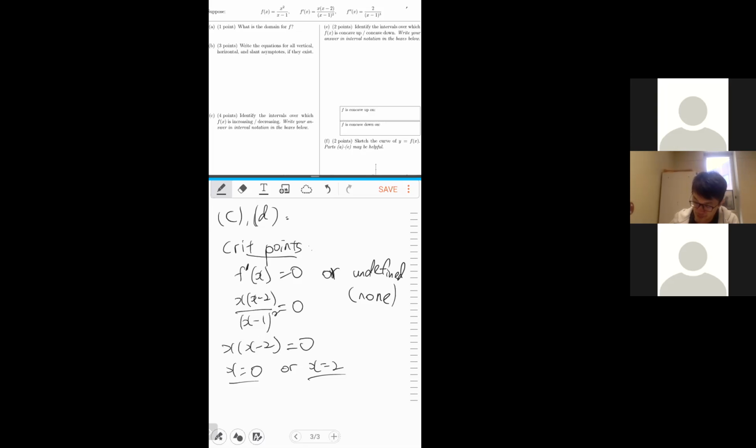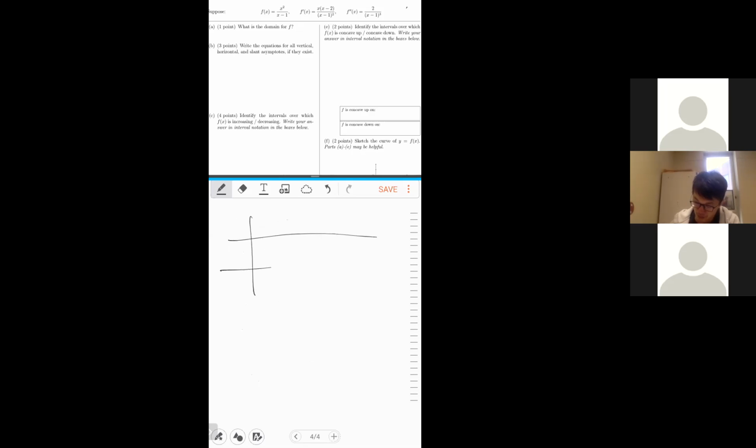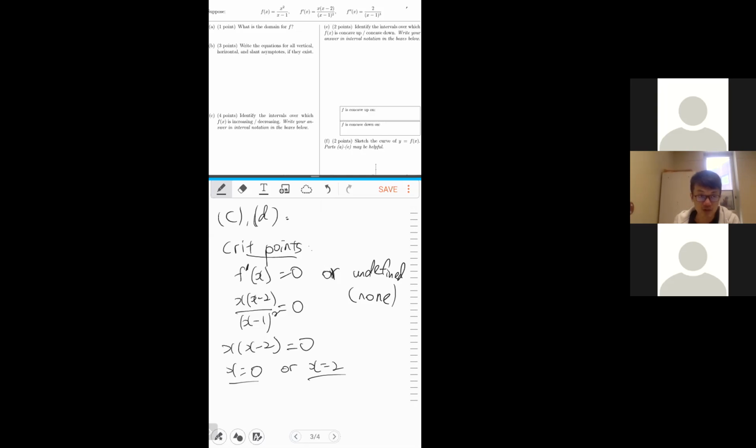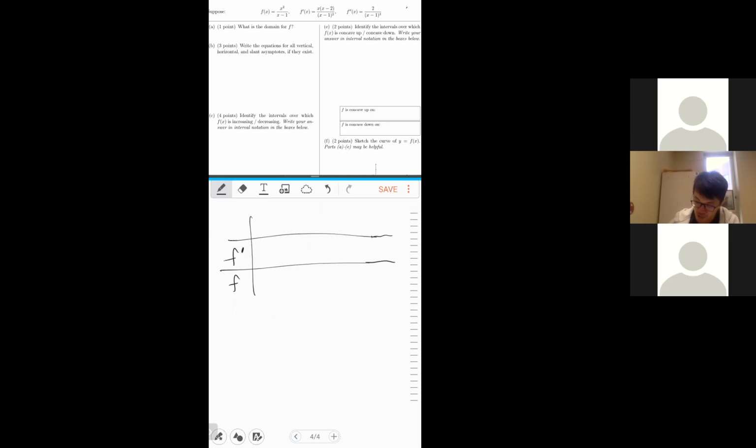Draw a chart using the first derivative. Use the critical points to split your domain.